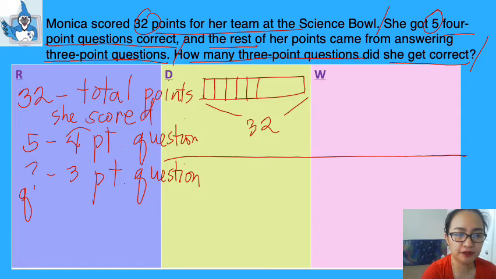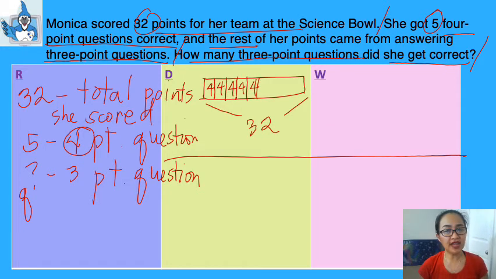And I'm going to put 4 there because that is the value of each question. Okay, so that is 4, 4, 4, 4, 4. I don't know how many 3-point questions. So I'm just going to put that as a question mark or the letter Q.